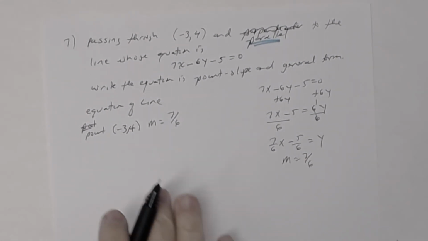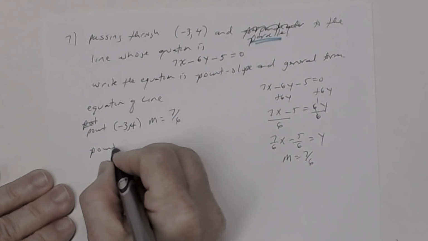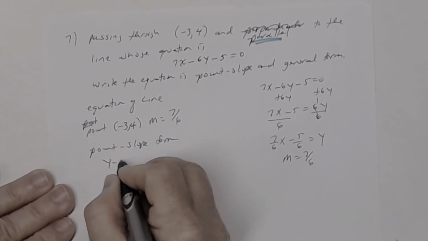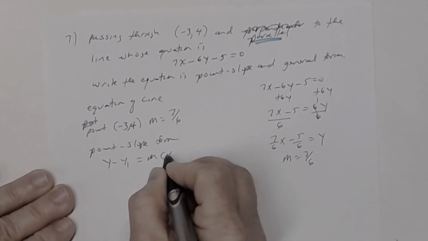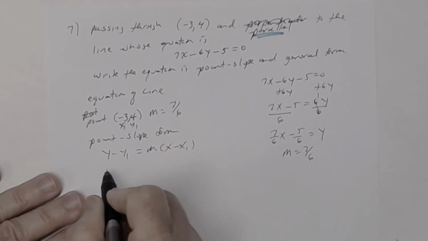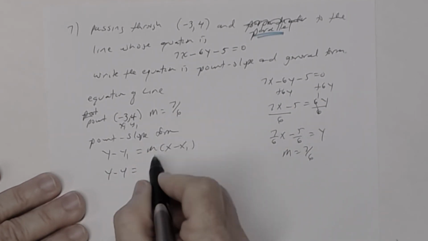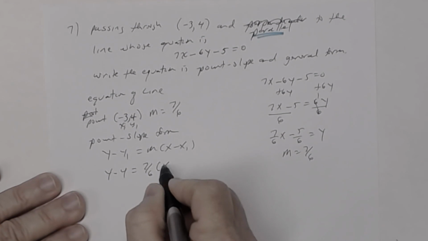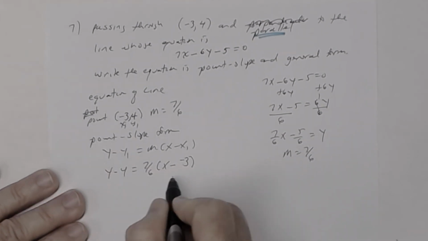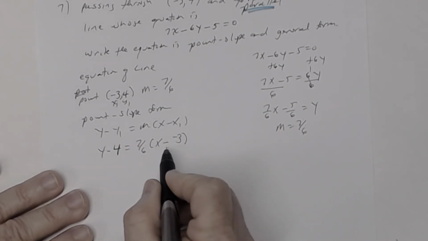All right, so now we put this in point slope form. So point slope form, we have y minus y1 equals the slope times x minus x1. So here's your x1, here's your y1. So I get y minus y1, which is 4, equals the slope, which is 7/6, times x subtract x1, which is -3. Always make sure you remember about this.